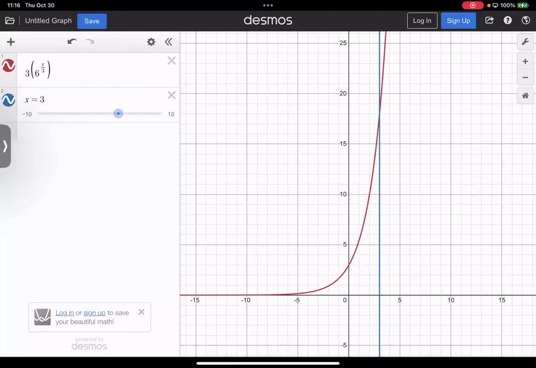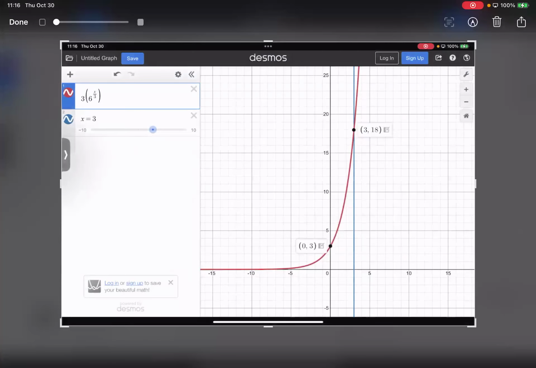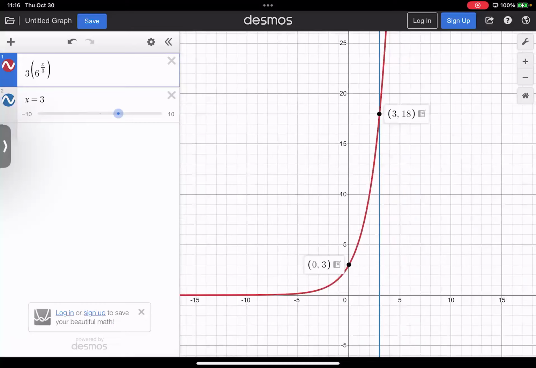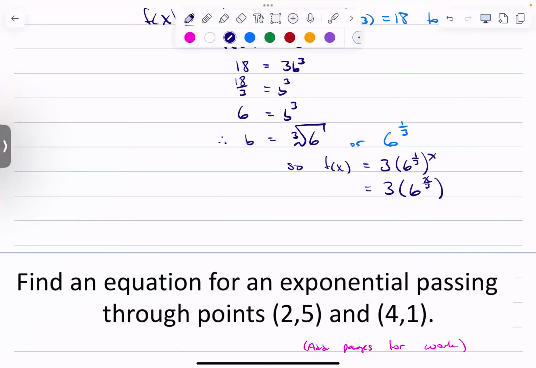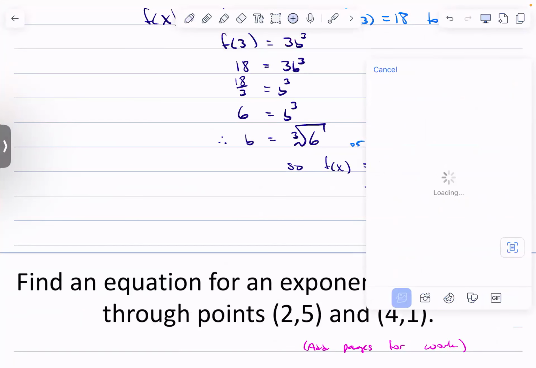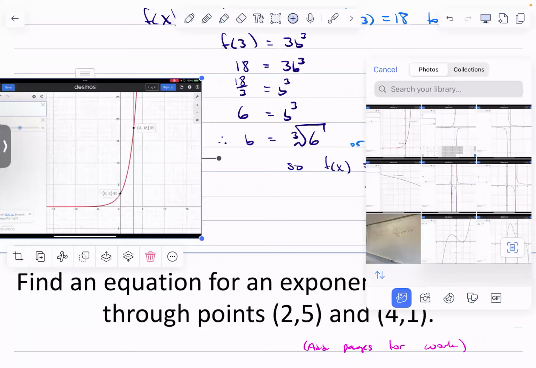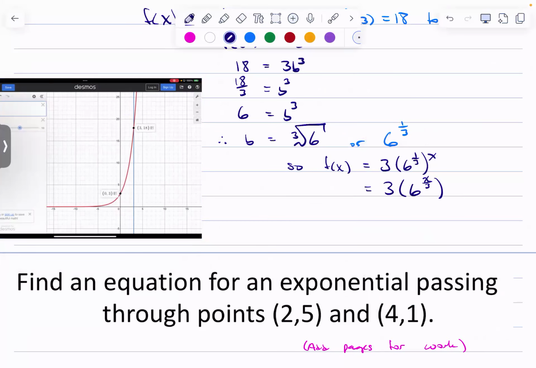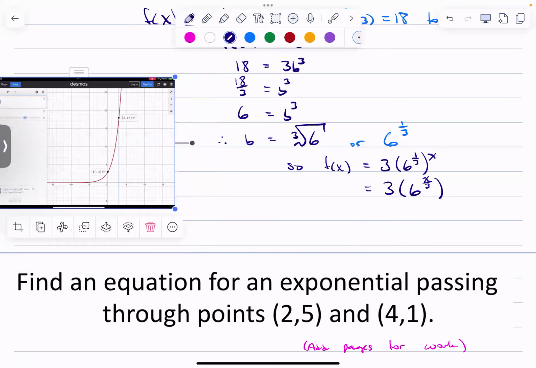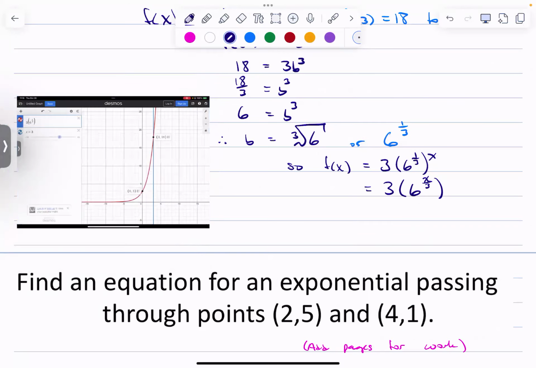So mission accomplished. So that's what that exponential function would look like.